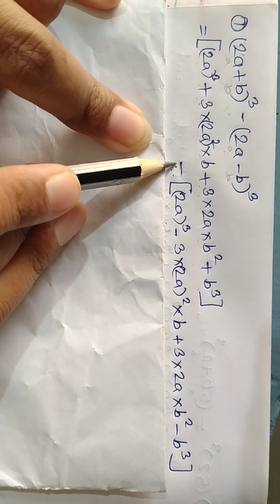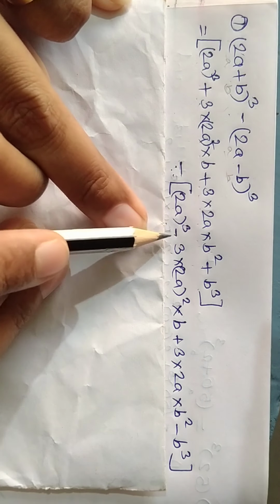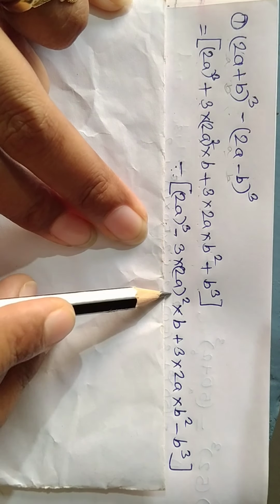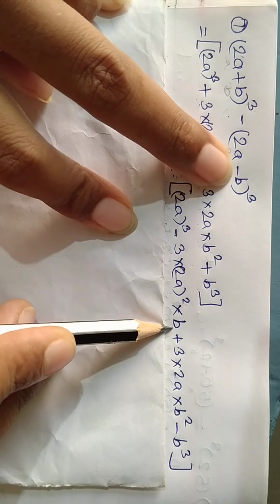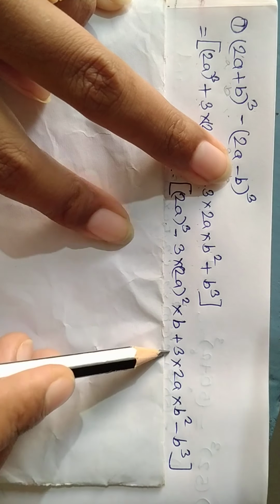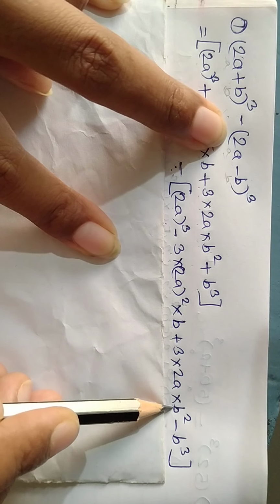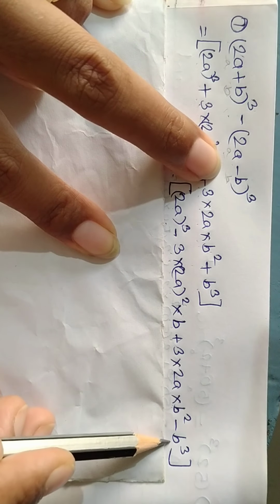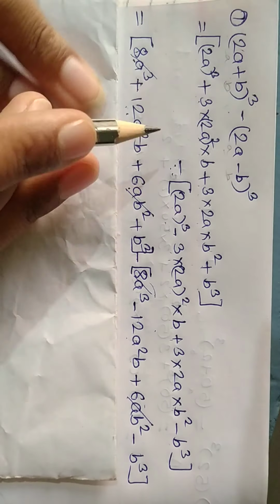Here I have given the minus sign. Then the same bracket 2a minus b: 2a cube minus 3 into 2a square into b plus 3 into 2a into b square minus b cube. Now I have solved this.